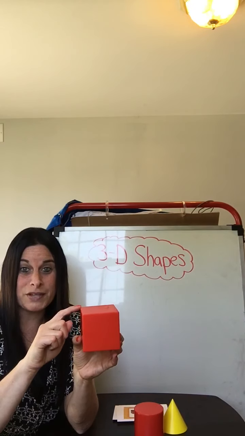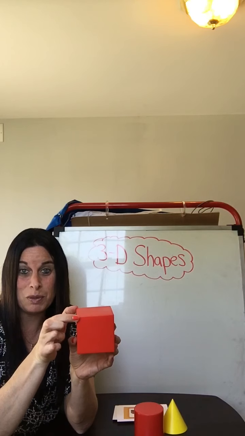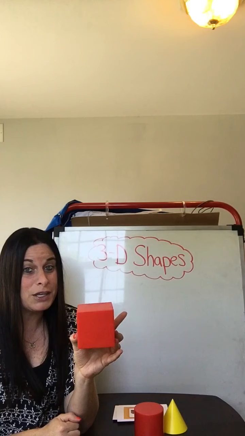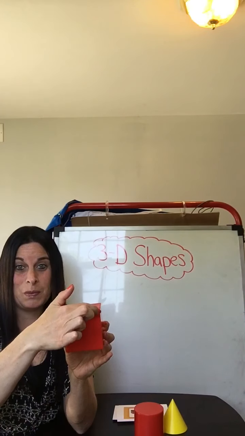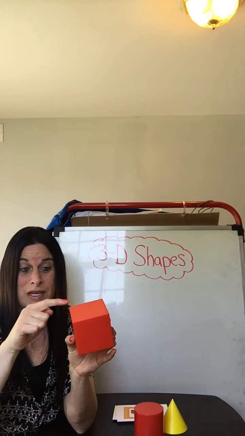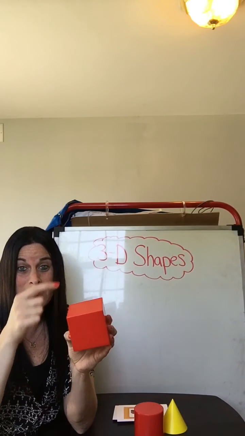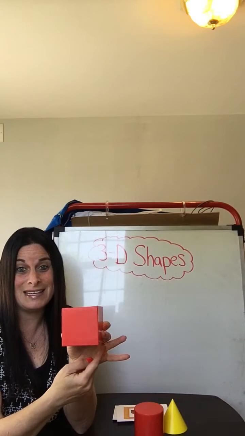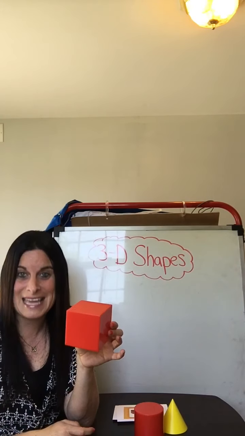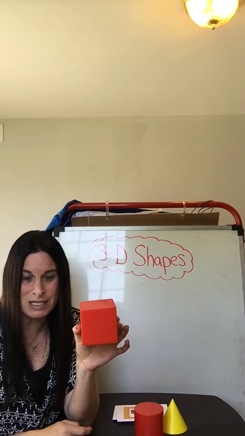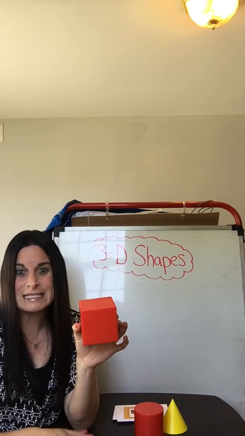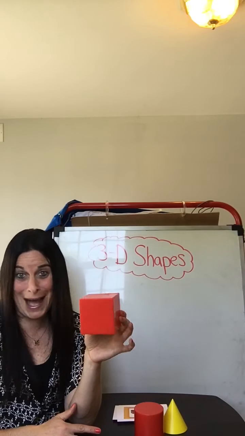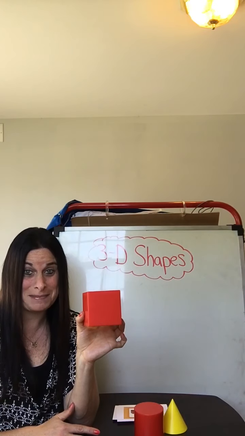Because remember, the vertice is the point right where the sides meet. For a cube, it has 1, 2, 3, 4, 5, 6, 7, 8. It has 8 vertices. It has 8 points. So it has 6 flat sides and it has 8 vertices. So the sides and the vertices are not the same when they're in 3D shapes.